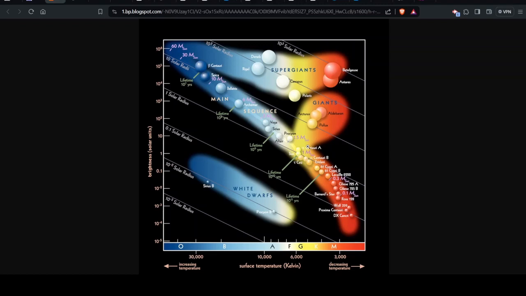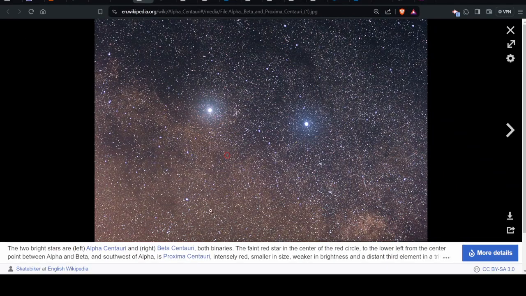Another example of this is Alpha Centauri. Again, we talked about them. Alpha Centauri is the brightest star in that constellation, or in that area, at 4.3 light years away. So here Alpha Centauri is on the left, and if you look at the image on the screen, the other bright spot on the right is Beta Centauri.